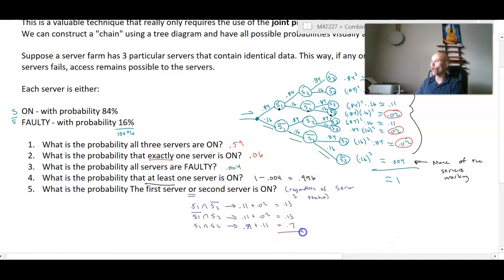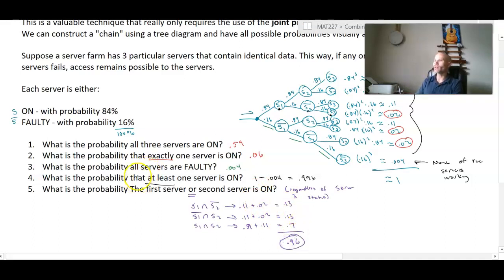Okay, notice again there's no overlap among these because they're all individual distinct branches that we've considered. You could go along and kind of shade them or highlight them as you go just to make sure there's no overlap. And these add up to 0.96. 0.7 plus 0.26 is 0.96.